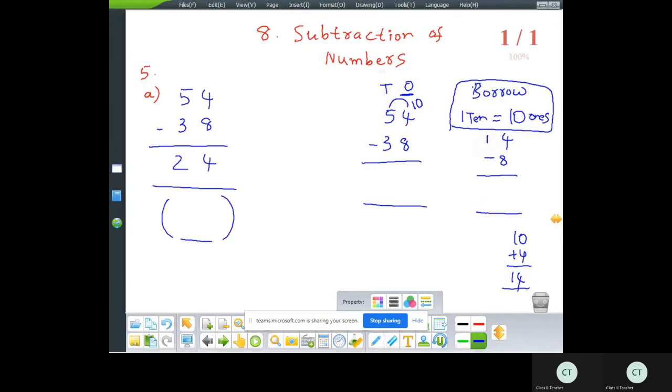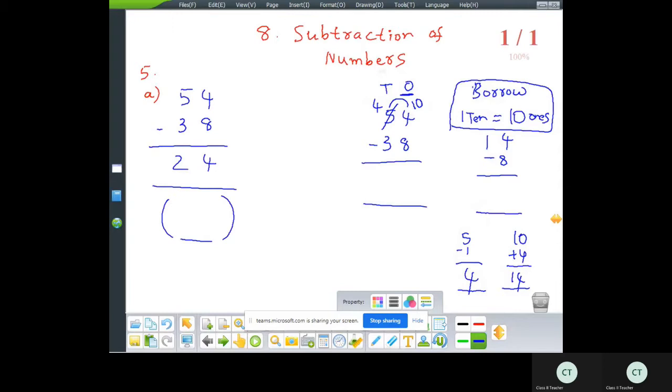Now this is 14. From 5 tens, we taken 1 ten as borrow. 5 minus 1, it is 4.